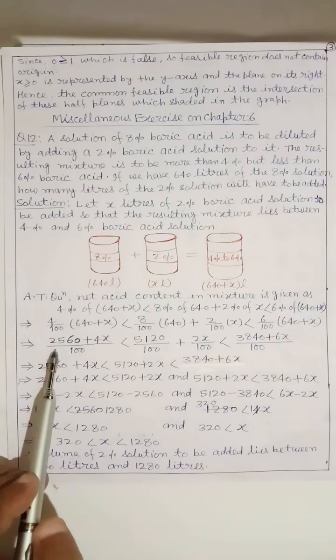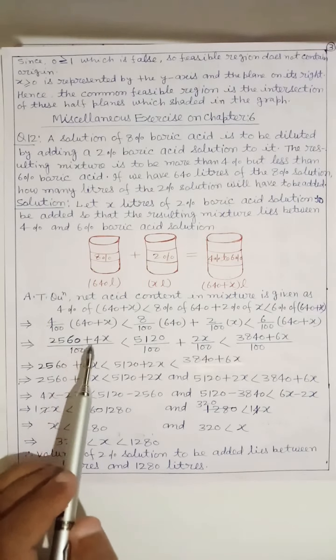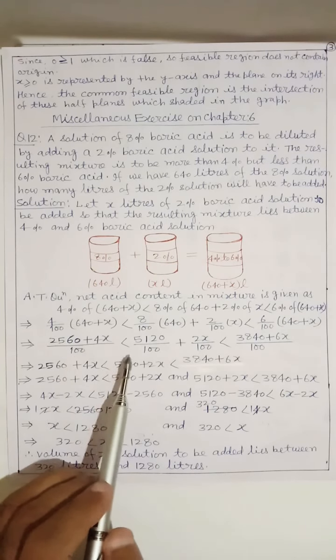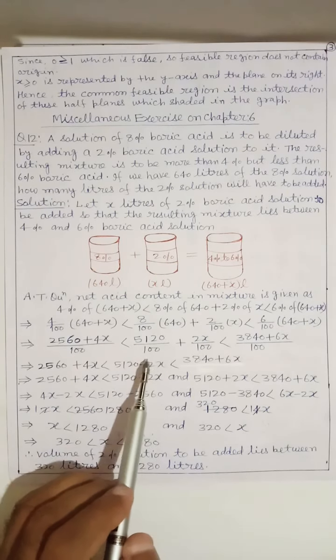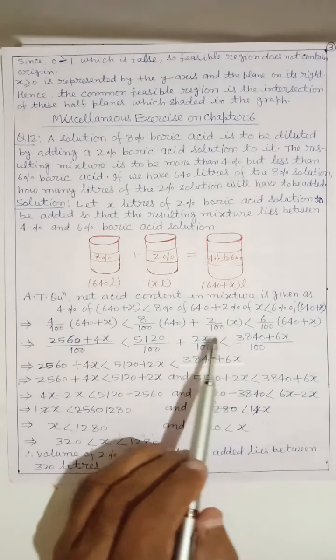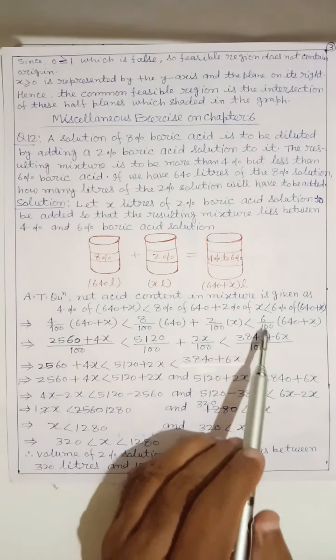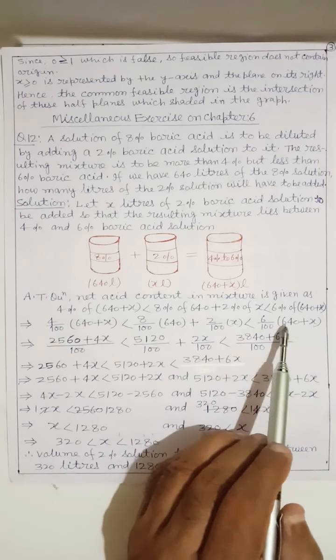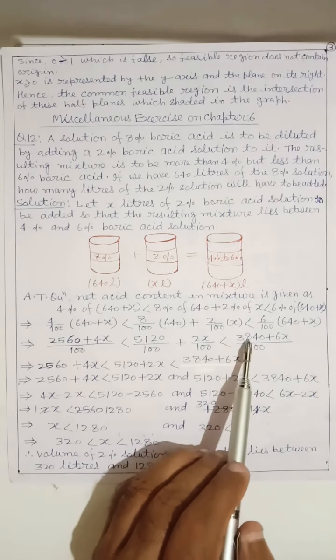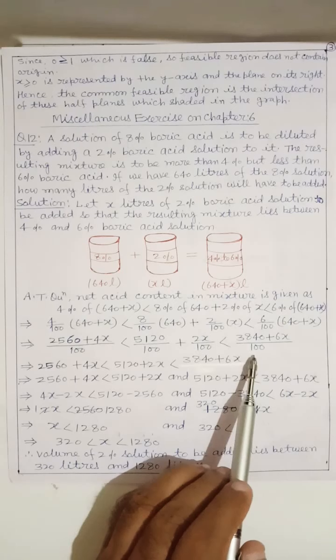We get (2560 plus 4x) by 100 less than 5120 by 100 plus 2x by 100 less than (3840 plus 6x) by 100.